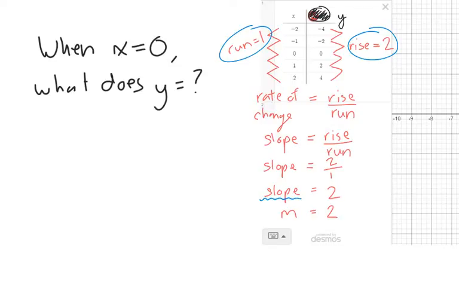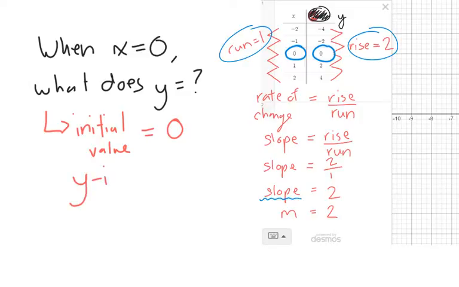If you go all the way to the table of values on the side, you'll see that when x is equal to 0, y is equal to 0. Therefore, our initial value is 0.